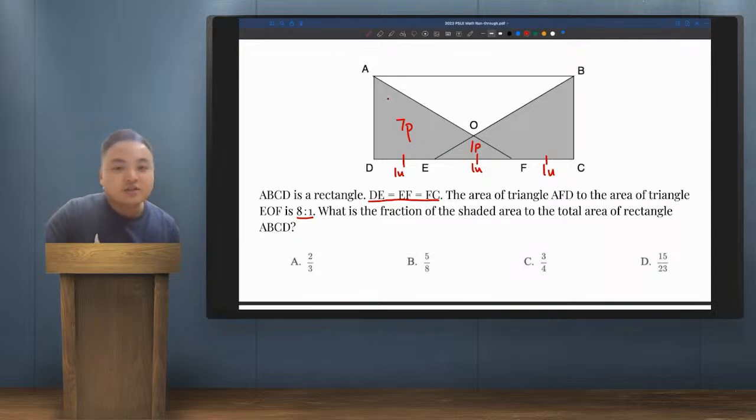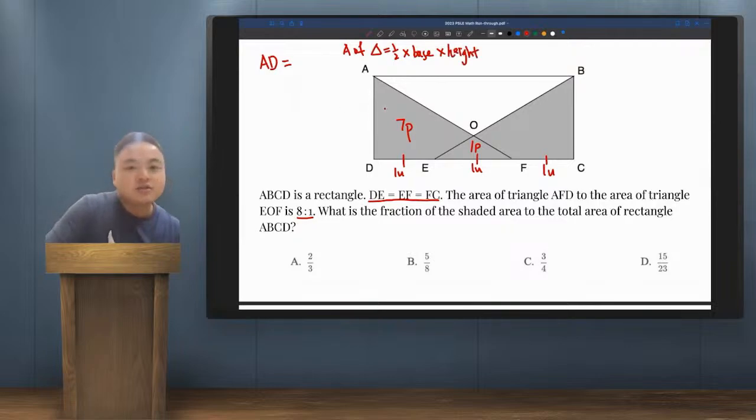Since triangle AFD is 8 parts, and this base DF is 2 units, I can find AD by using the formula for the area of a triangle: half times base times height.